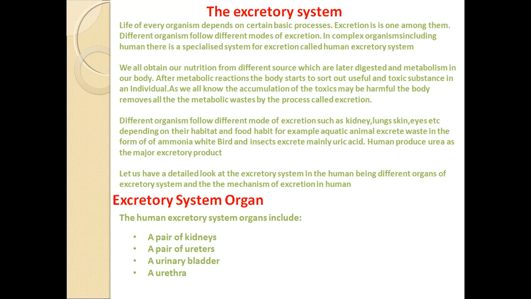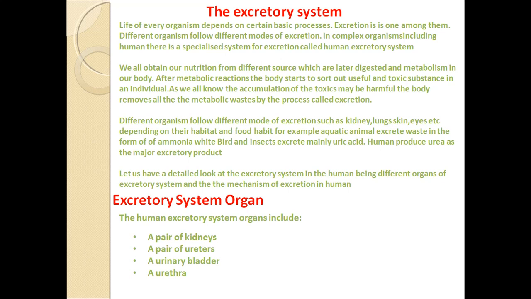Different organisms will excrete different toxins. Human beings will produce urea as the major excretory product that should be removed from the body by the process of excretion through the excretory system by the help of the different organs, that is kidneys, ureters, urinary bladder and urethra.